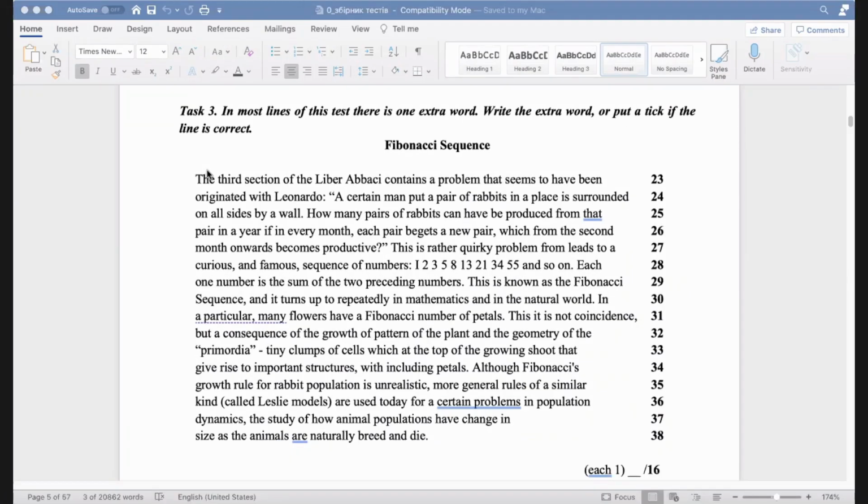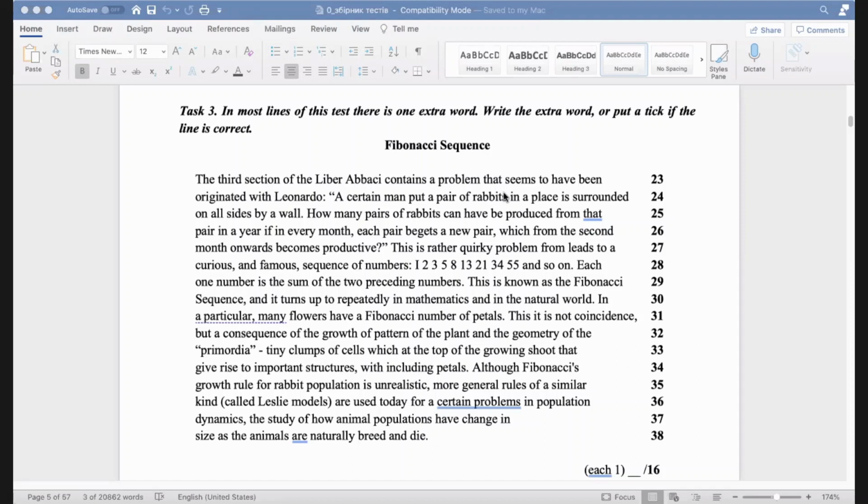The third section of the Liber Abbaci contains a problem that seems to have been originated with Leonardo. As for me, everything is all right. So the problem to have been originated with Leonardo, okay? So yes. Everything is all right. But if you continue reading, please. A certain man put a pair of rabbits in a place is surrounded.